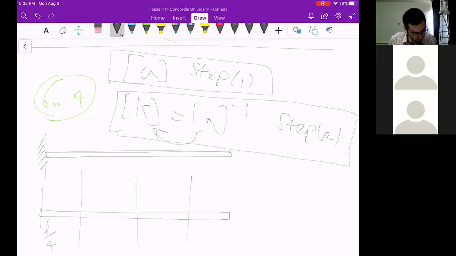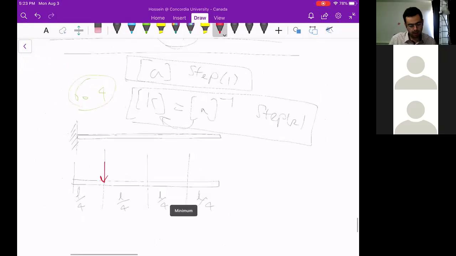Each section is L/4. If there is a unit force at this point, we can model this cantilever beam.